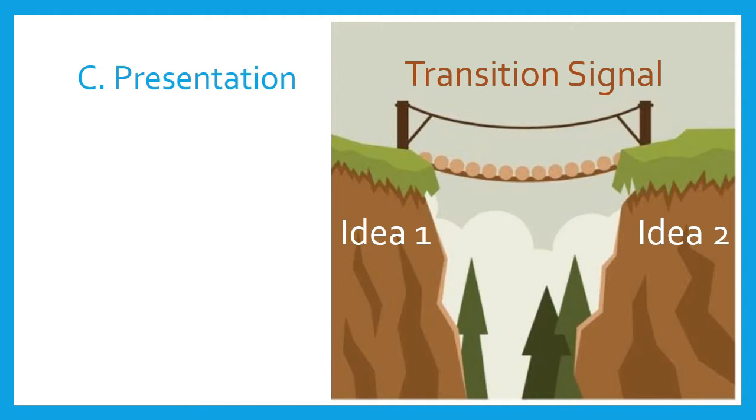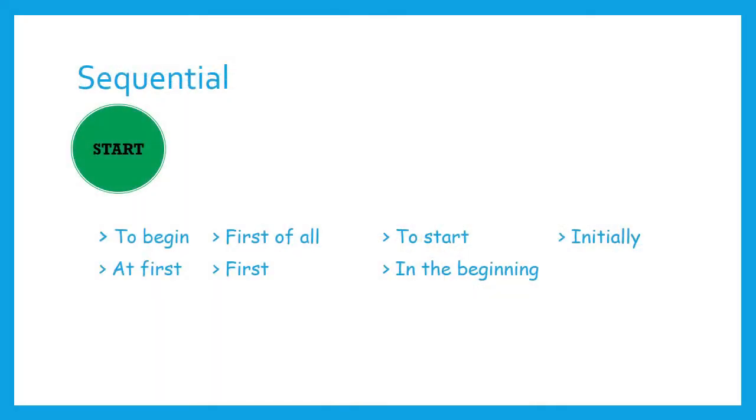To begin a paragraph that indicates an order or sequence, here are the most commonly used starters. We have to begin, first of all, to start, initially, at first, or first, and in the beginning.